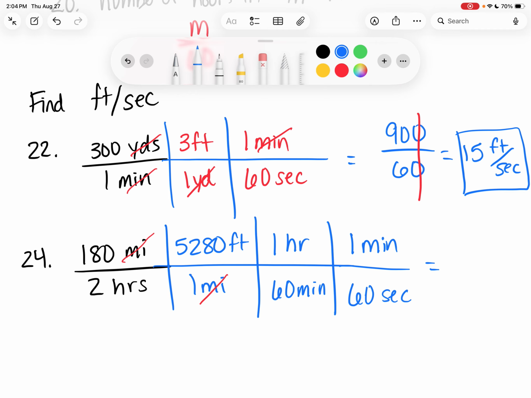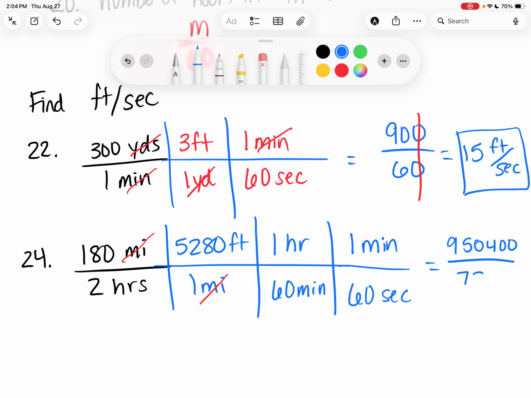So 180 times 5,280 is 950,400. And then on the bottom, we multiply across the bottom as well. So that is 60 times 60 times 2. And we get 7,200.